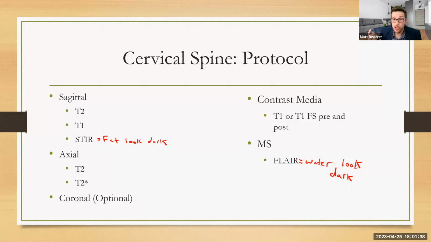We're looking at true pathology at that point. So if a patient has multiple sclerosis, which is MS, we run a FLAIR sequence to get rid of all the fluid, cerebrospinal fluid, in that area that we're imaging. And anything that stays bright is a multiple sclerosis plaque. So the same thing for the brain, we run those FLAIRs for the brain, well, we run them for the spine as well.